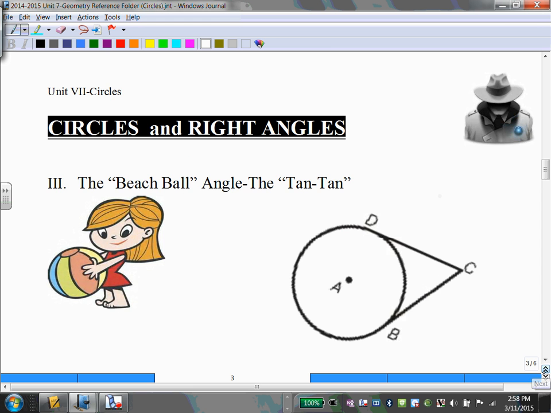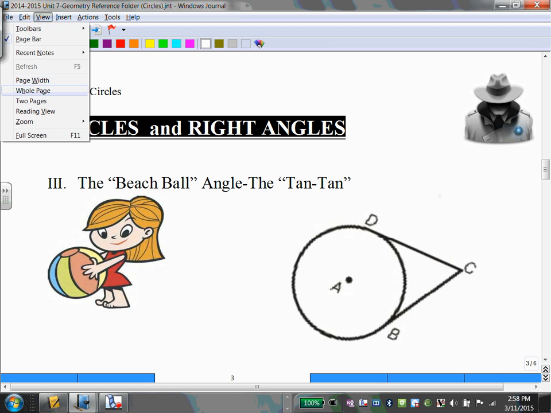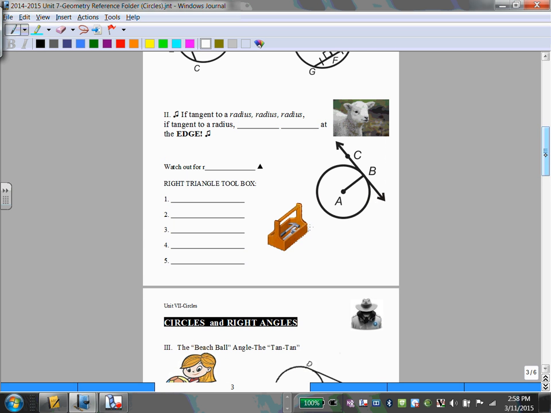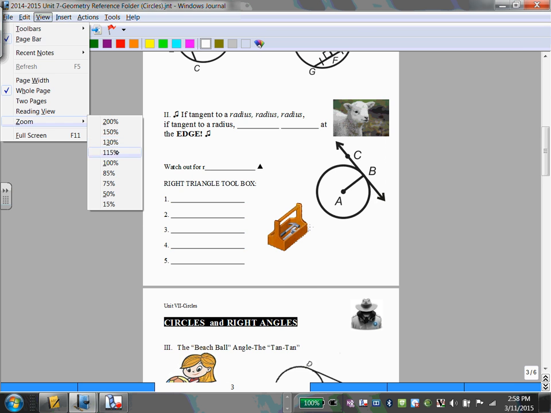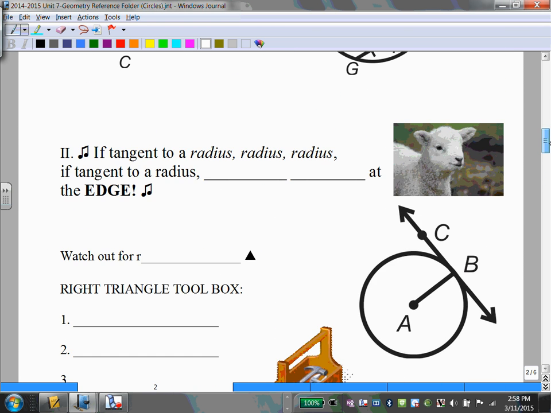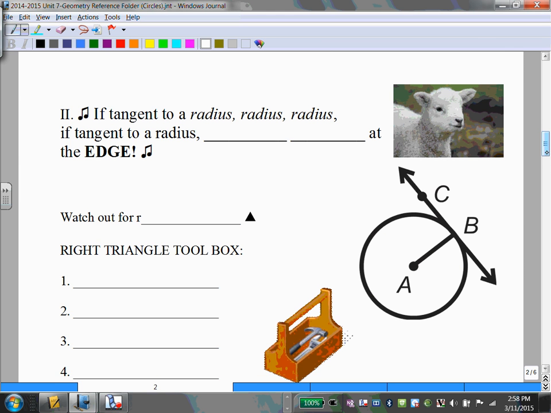This little section here is, oops, I skipped a page, right? There it is. Look at the lamb. Look at the lamb. Yeah, it's reference booklet. Find the lamb. And the song goes like so. If tangent to a radius, right angle at the edge.